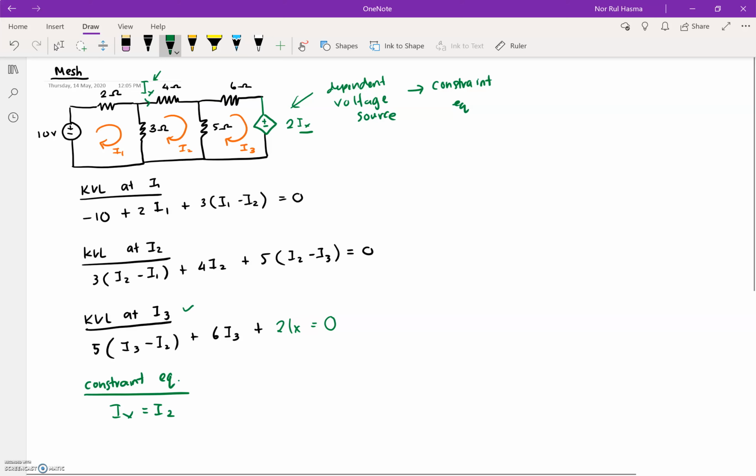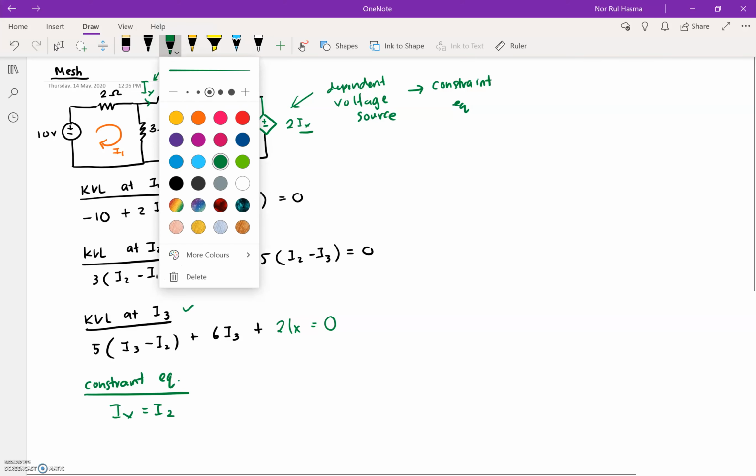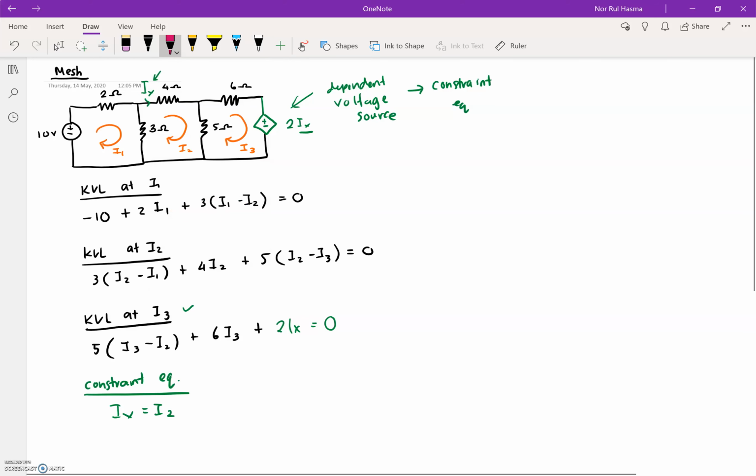So now I would like to change the circuit again so that it will consist of a super mesh. So I change the 5 ohm here, and I choose this one as a 2 A current source.